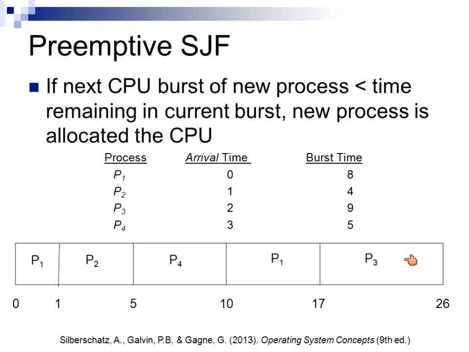If we calculate the cooperative shortest job first, remember we said there's cooperative and there's preemptive scheduling. Cooperative says wait till one thing is done before you schedule the next thing. Then we would have a 7.75 time if we scheduled it shortest job first.